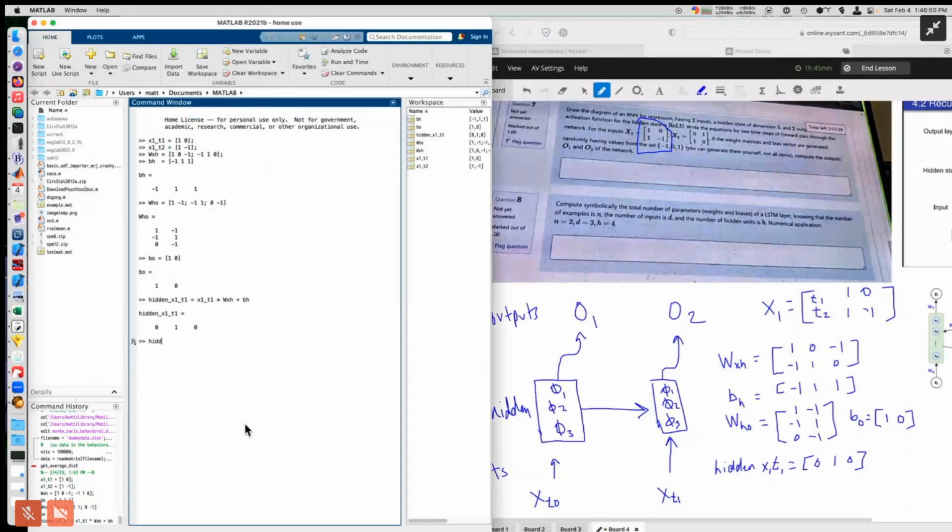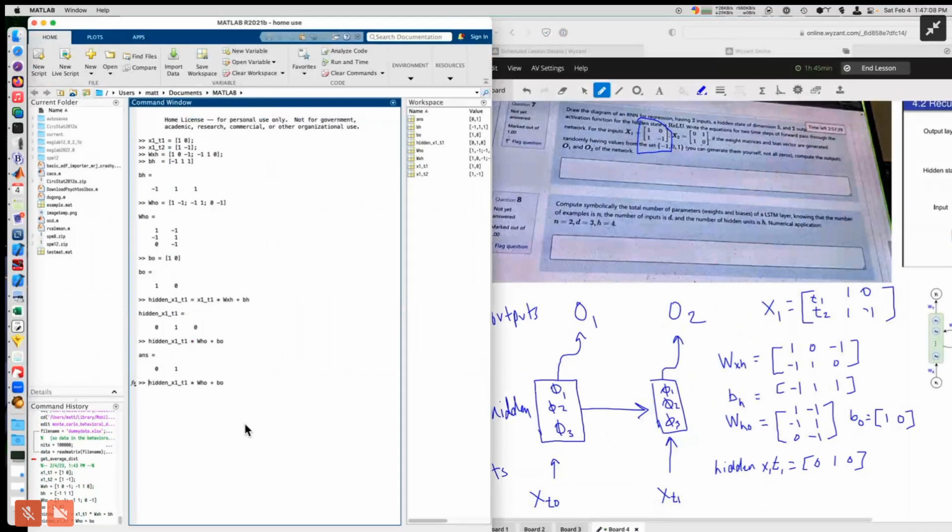Okay, and then if we want to get our outputs as I understand them, that would be hidden x1 t1 times Who plus bo. Oh, I should set that equal to something.